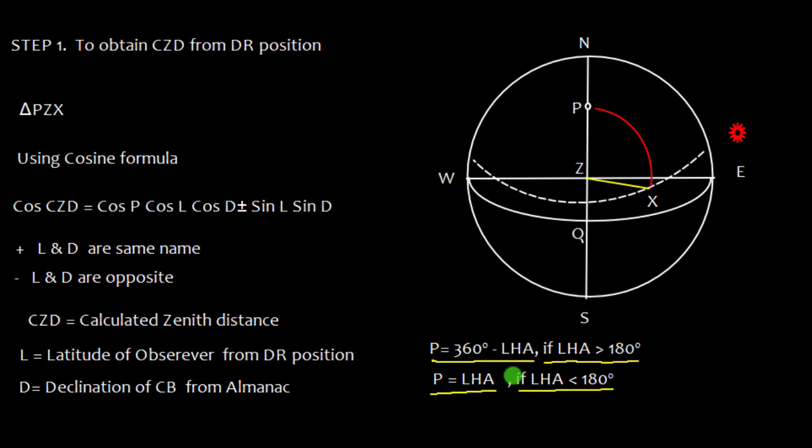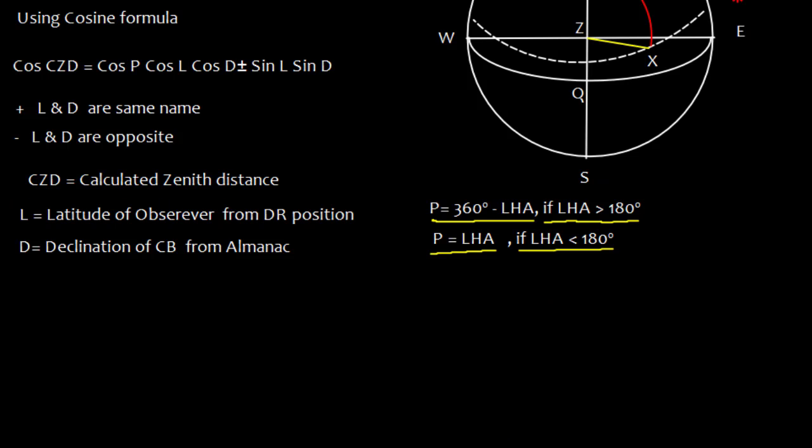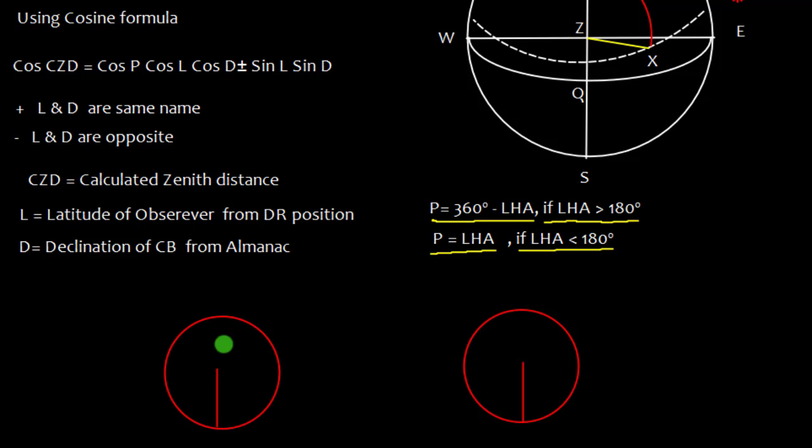Let me just explain this further, how this P has been arrived. So here in this diagram, this side is east and this is west, this is at the center. So this is 0 degree, by the way, this is 180 degree.